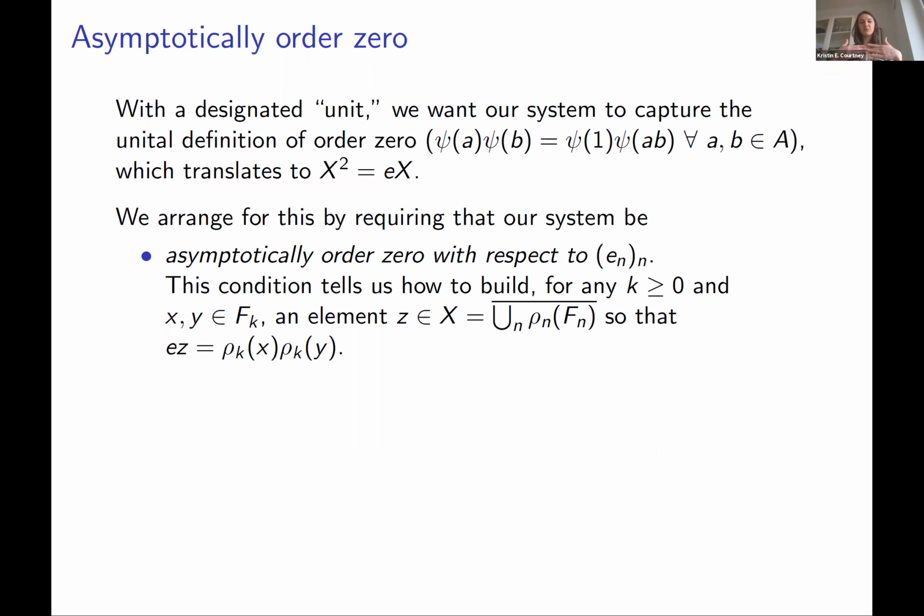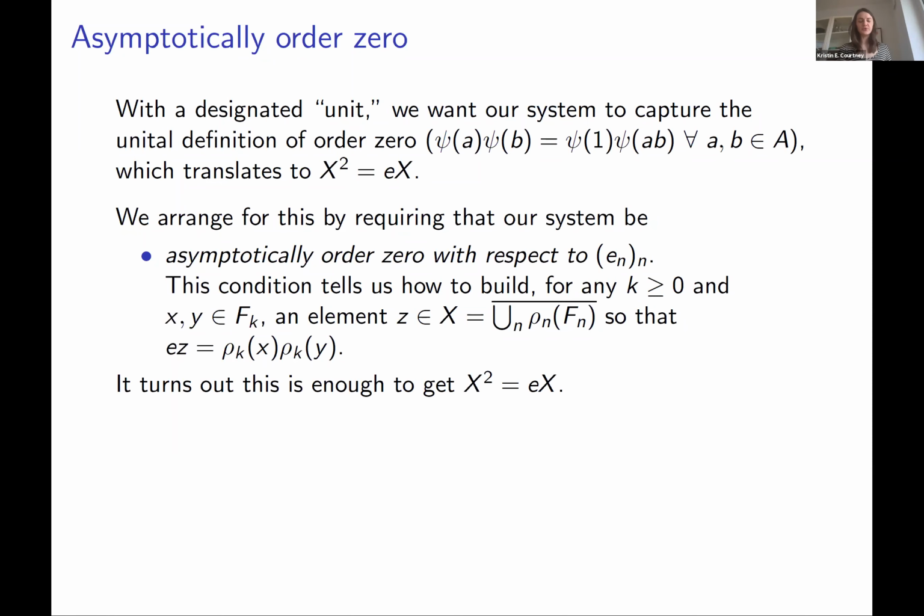So the Z is probably going to end up being a limit of elements that land in this union of the images of F_n. But we can build an element Z that witnesses the fact that rho_k of X times rho_k of Y is equal to EZ.